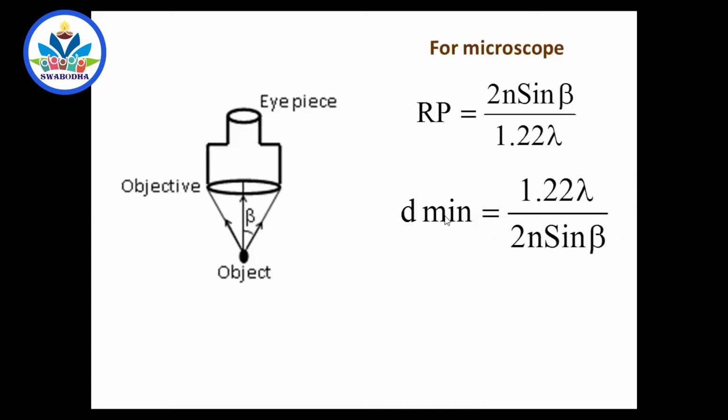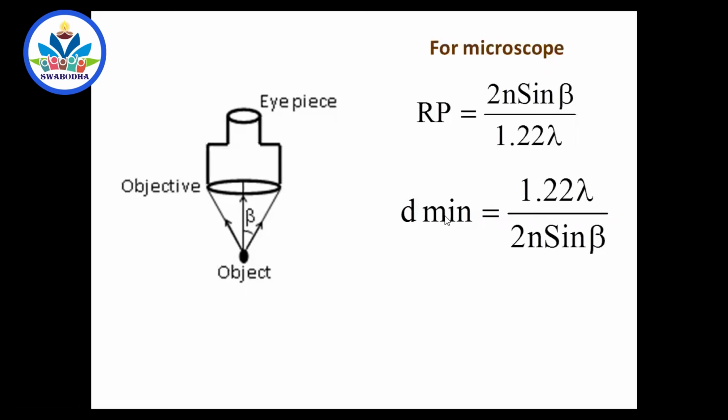It could show even objects separated by 10 to the power minus 9 meters as separate objects, not merged. So the minimum distance between the 2 point objects which appear just resolved when seen through the microscope is called limit of resolution. If you are asked the limit of resolution of any microscope, you have to put it as a distance, right? This is the minimum distance through which objects can be seen clearly in this microscope, not less than this. That's what you have to say.